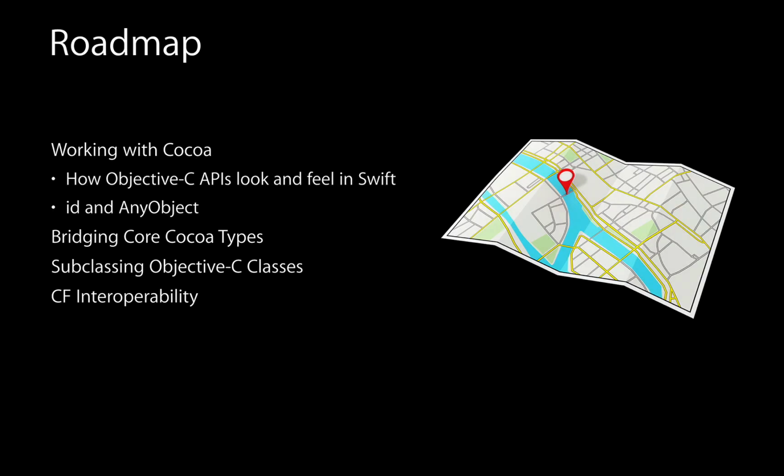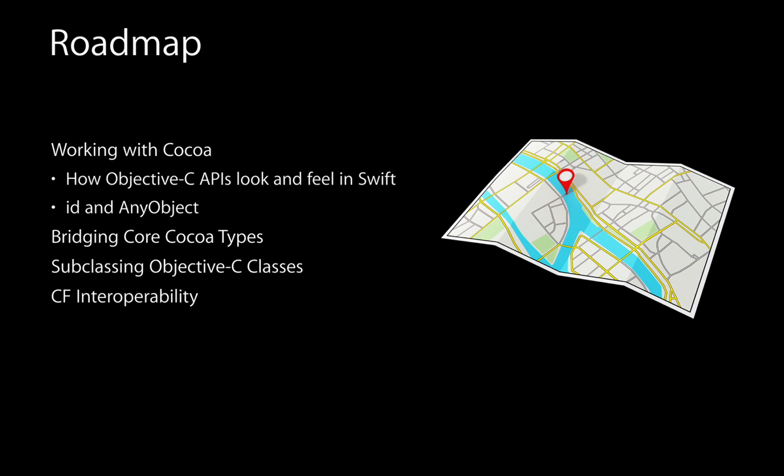We're going to hit a number of different topics today. We're going to talk about working with Cocoa, seeing how the Cocoa APIs, your Objective-C APIs, look and feel in Swift and how to work with them, as well as working with some more Swift concepts like dealing with any object and doing dynamic checks on your types.